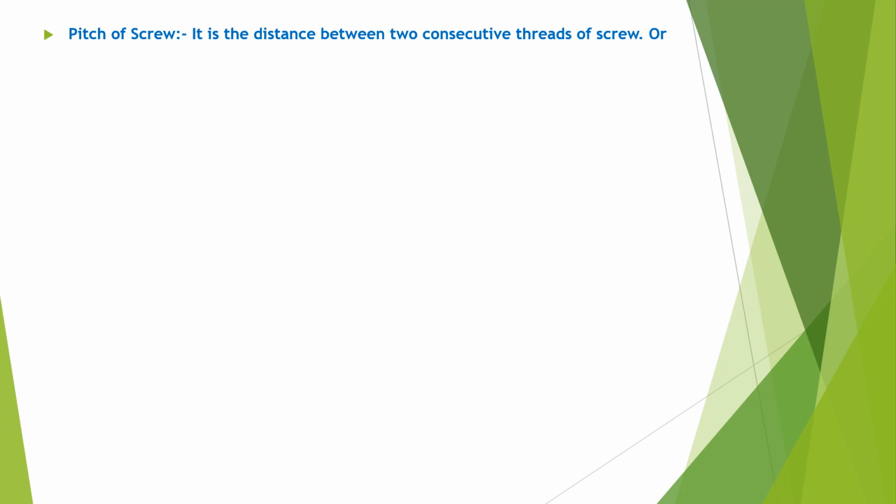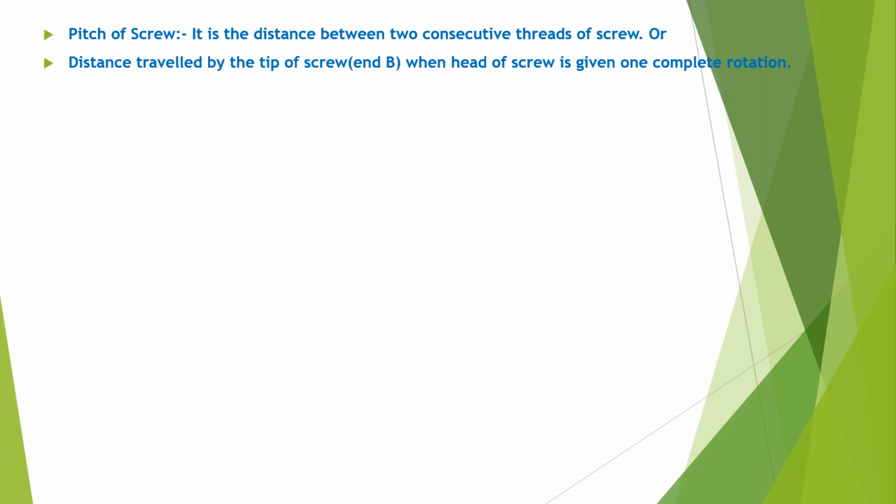This is the very first definition. Secondly, we can define it as the distance traveled by the tip of the screw, that is the end of B, when the head of the screw is given one complete rotation. Mathematically, pitch is equal to the distance moved by the thimble on the main scale over the number of rotations of the thimble.